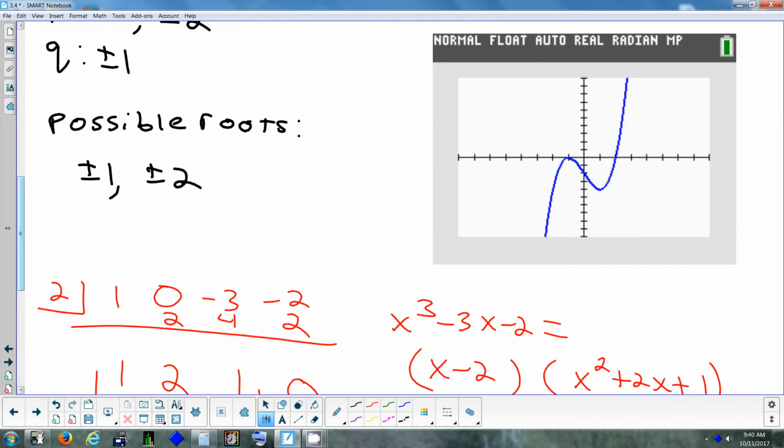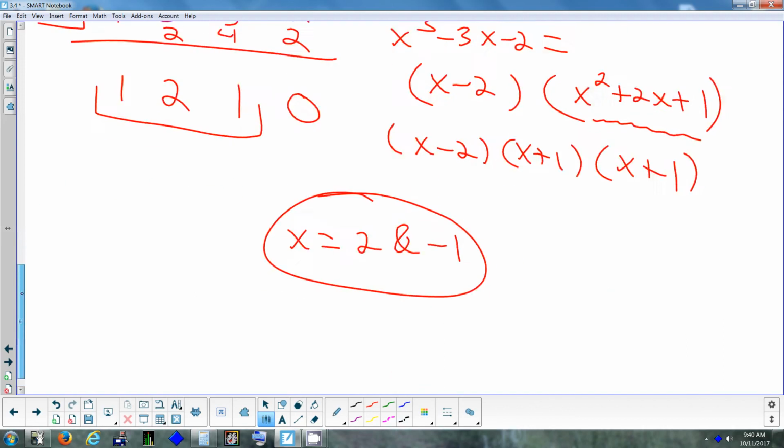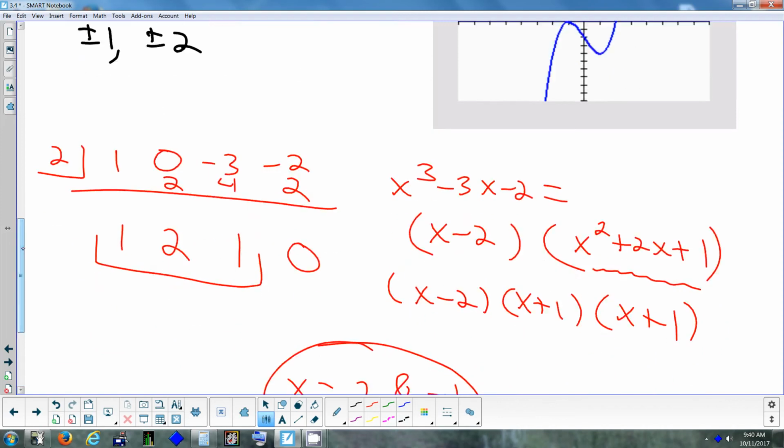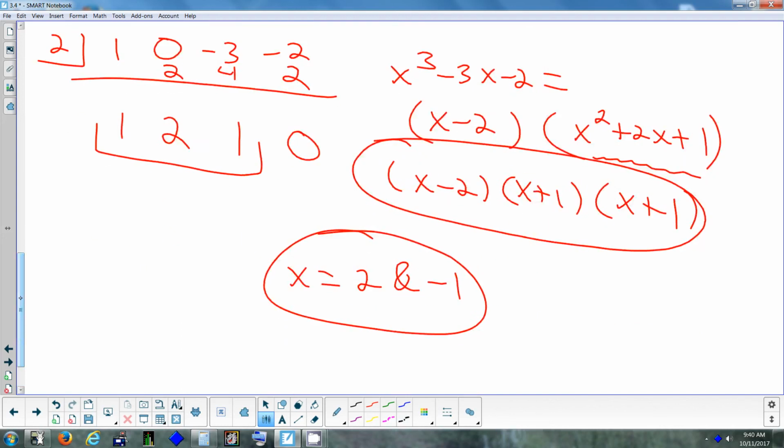Double roots kind of go up, touch the axis, and turn away. Had you picked -1 to start with, you would have had a different quotient, but it would have factored in a way that this would have been your 3 factors when you were done. You're still going to end up with the same factors. Questions on that?